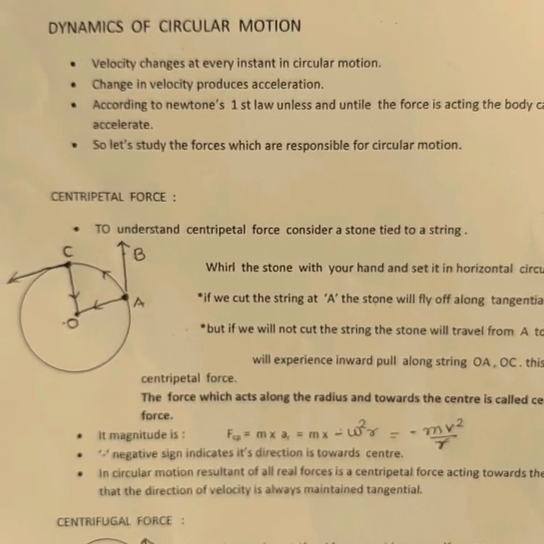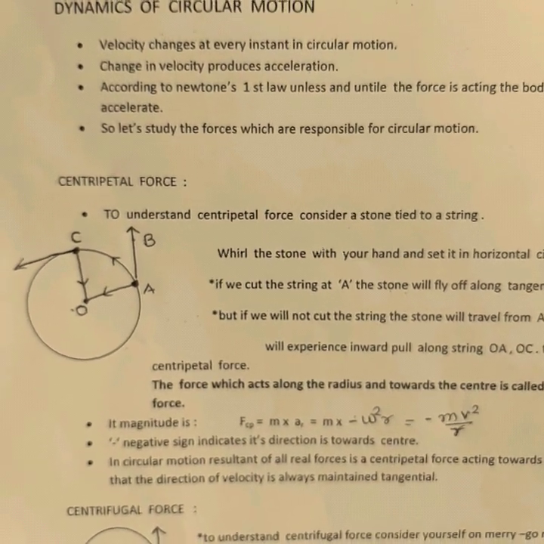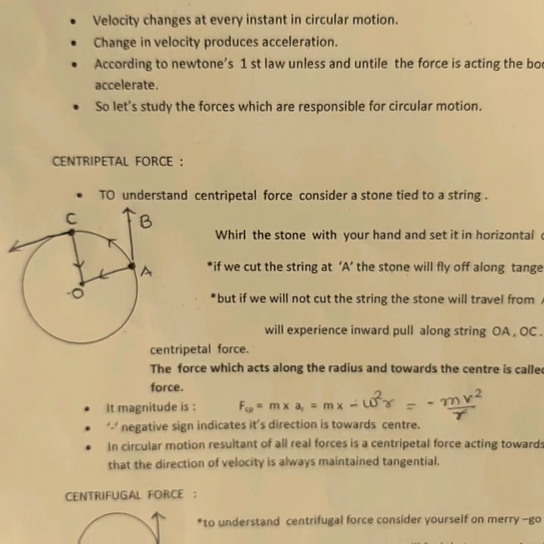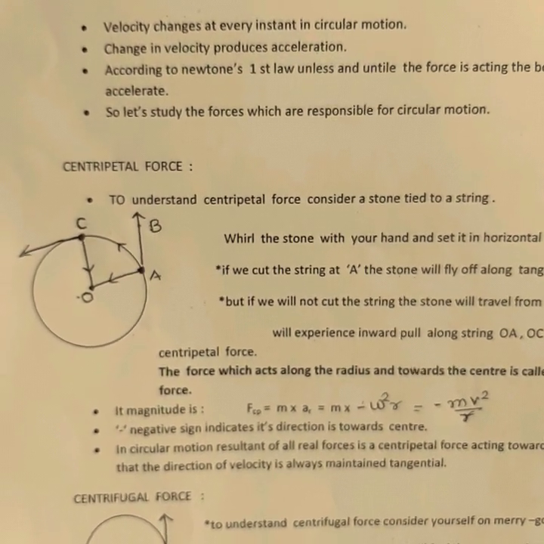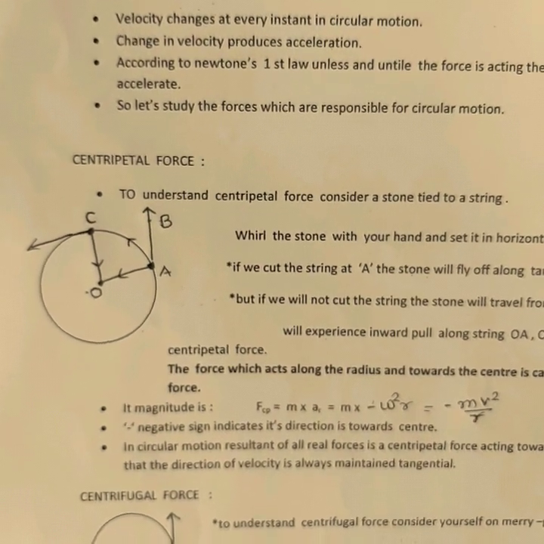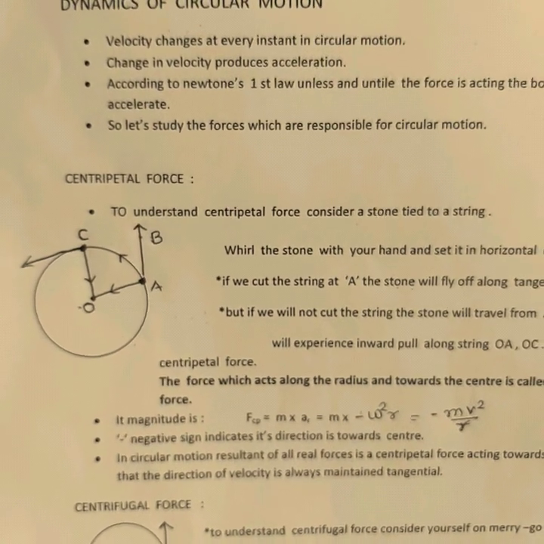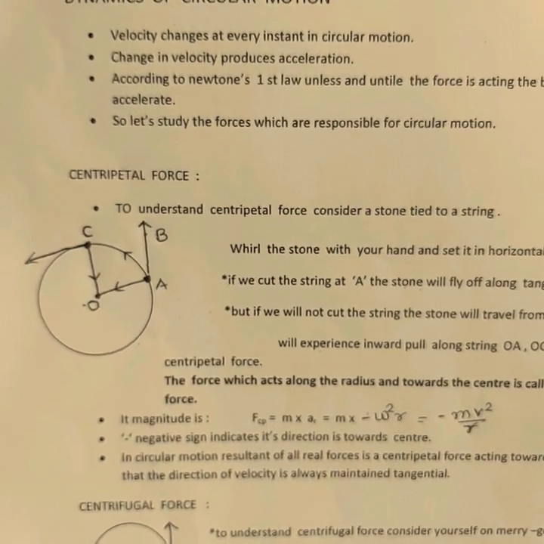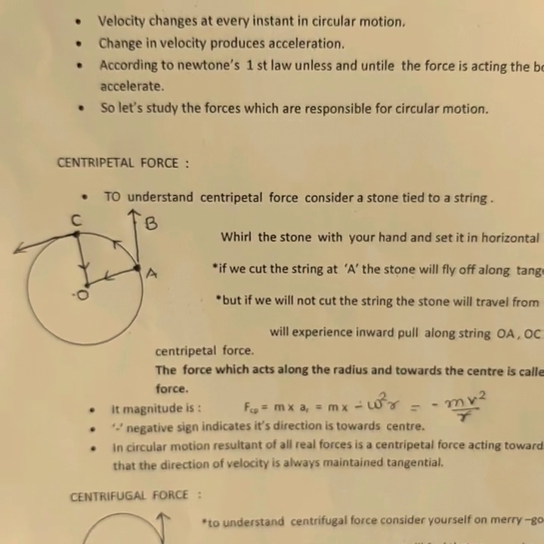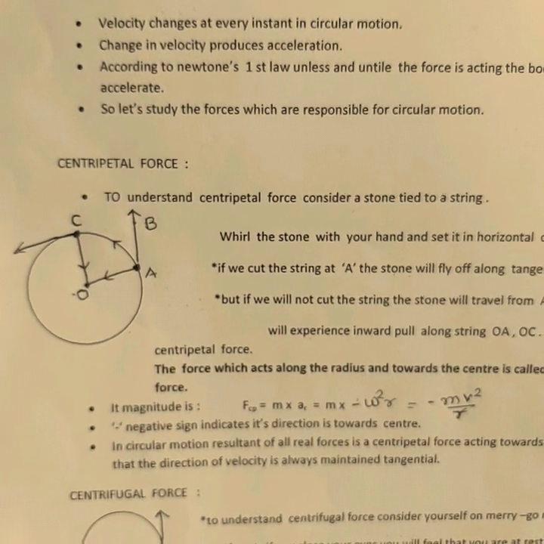If we cut the string at point A, see the diagram given, what will happen? The stone will fly off along the tangential path AB, as it has a linear velocity tangential.